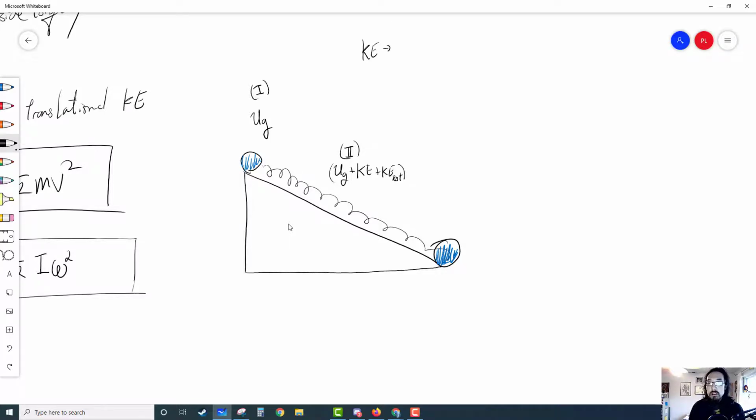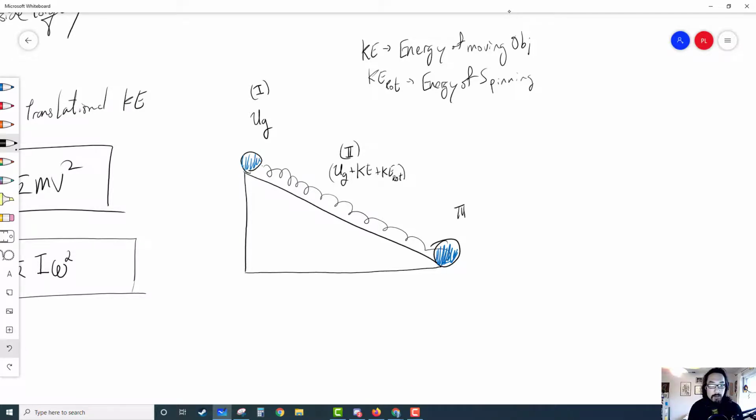Kinetic energy, just regular or translational, is the energy of moving objects, and KE_ROT is the energy of spinning objects. And if the object is both moving and spinning, just like in our scenario, the object has both forms of energy.